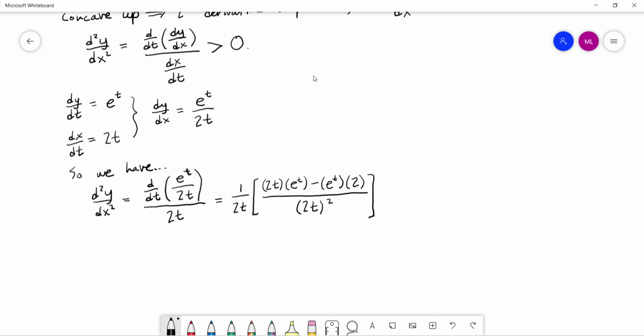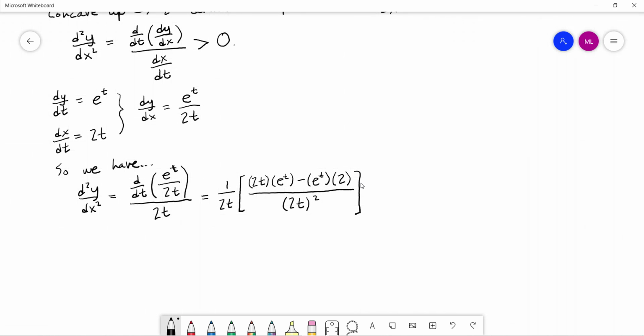So that's what that winds up looking like. We can clean up this numerator a little bit. There's basically an e to the t that shows up in both terms. It's e to the t times 2t minus 2 on top. And on the bottom, I have 2t squared times another 2t, I should say.